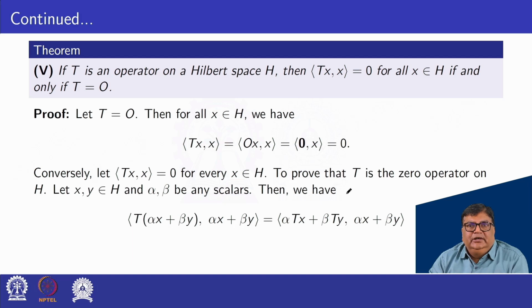Since T is linear, this can be written as (alpha Tx + beta Ty, alpha x + beta y). Using the property of inner product, this can be written as (alpha Tx, alpha x) + (alpha Tx, beta y) + (beta Ty, alpha x) + (beta Ty, beta y).